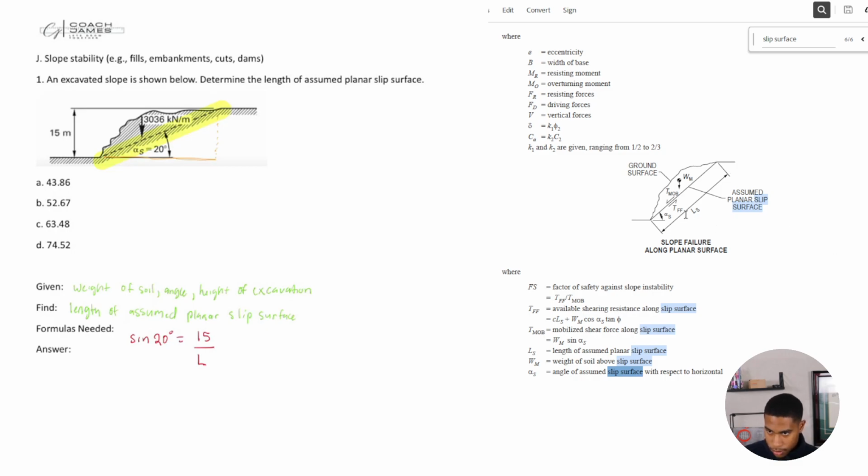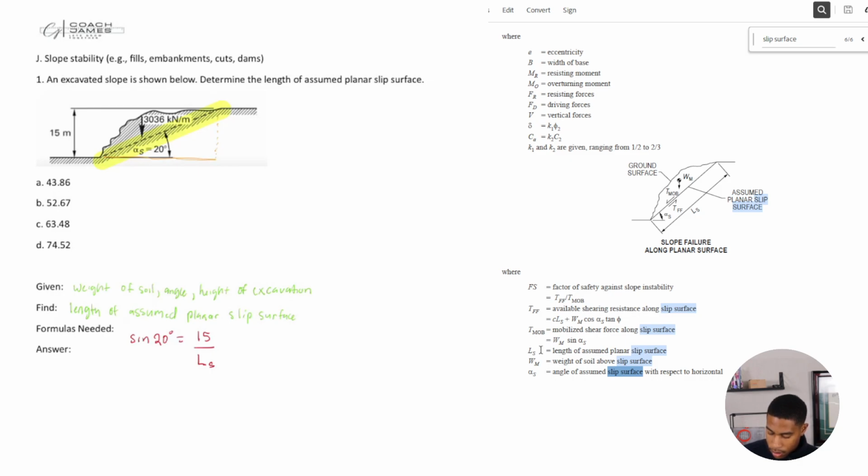And it also is denoted here, LS, length of assumed planar slip surface. So I know that I'm doing the right thing now. All right, no question about it. So I can denote this as LS.